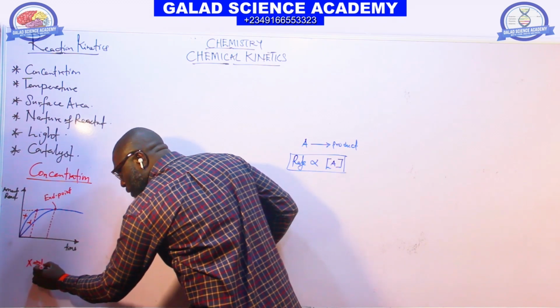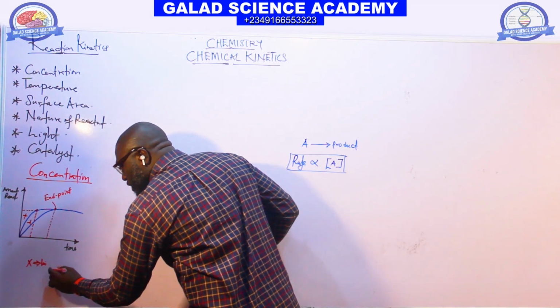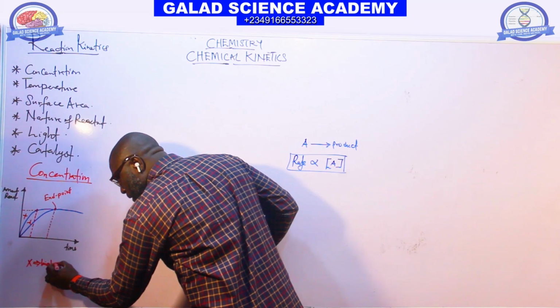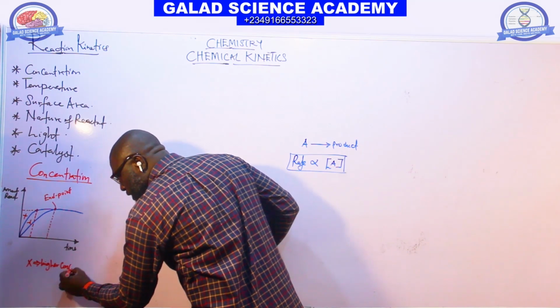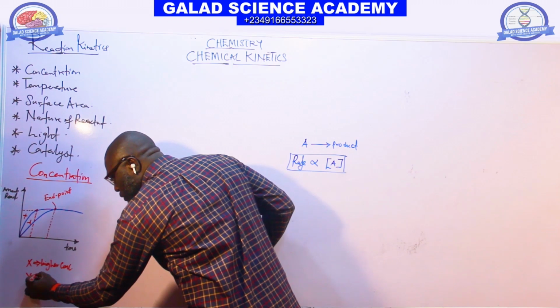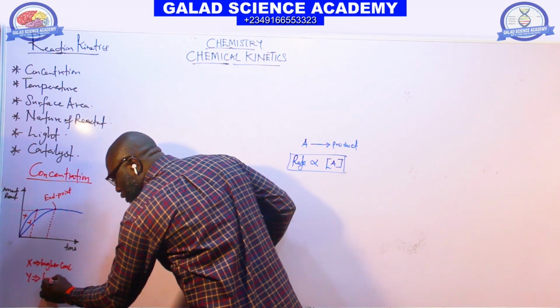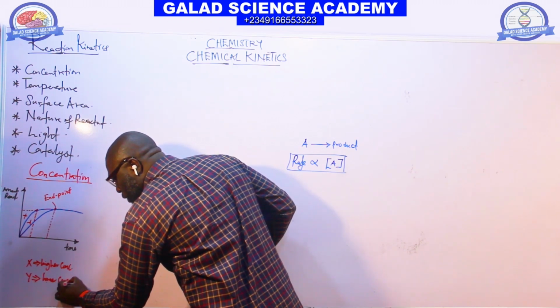X is the graph of higher concentration. Y represents the graph of lower concentration.